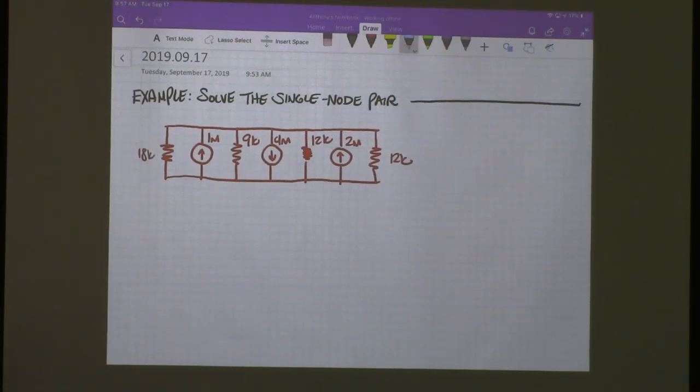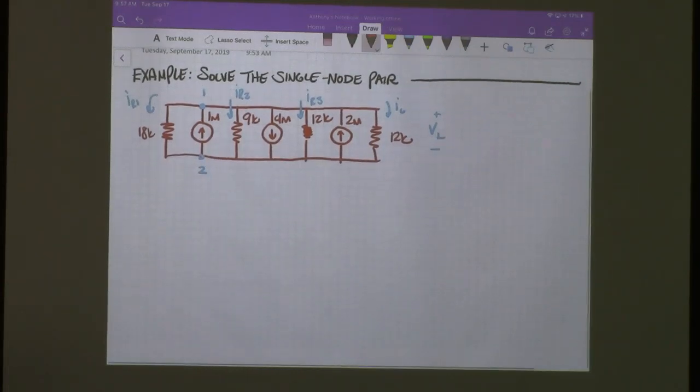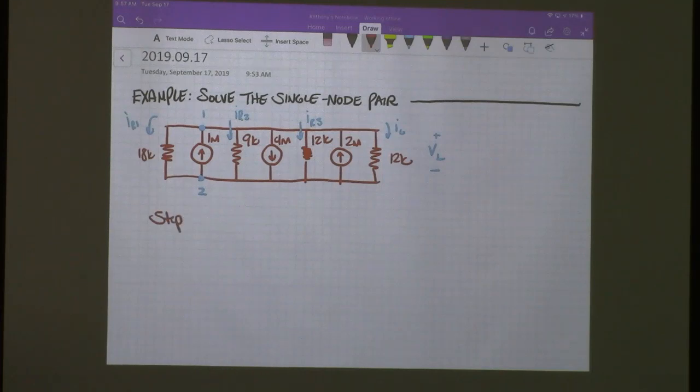We'll give these some names: this is IR1, this is IR2, this is IR3, and this is IL. This will also be called VL plus minus, but it's the same voltage across all of the elements anyway. We have a node 1 and a node 2. There's only 2 nodes in this. So, step number 1, label everything. We've done that.